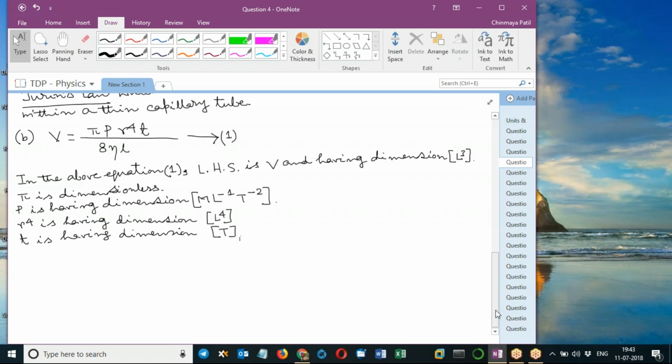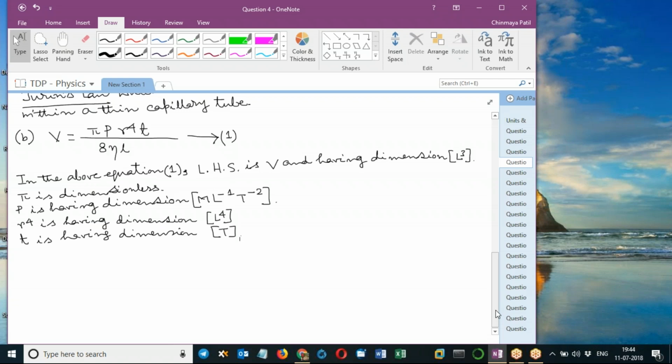Change in velocity by time. It is not, because as I said few minutes back, coefficient of viscosity is force into distance, force into displacement by area and velocity. Correct. Exactly.